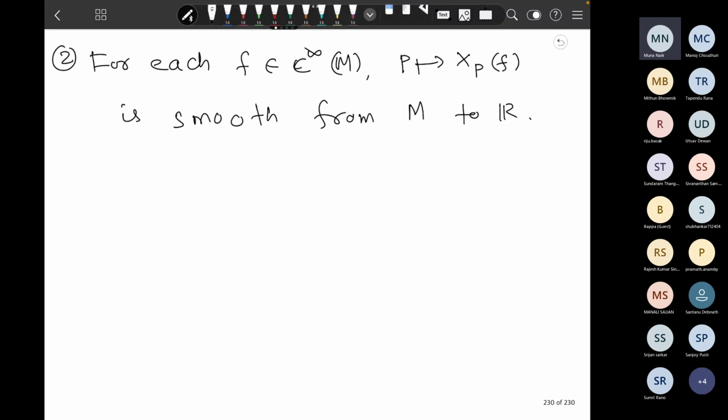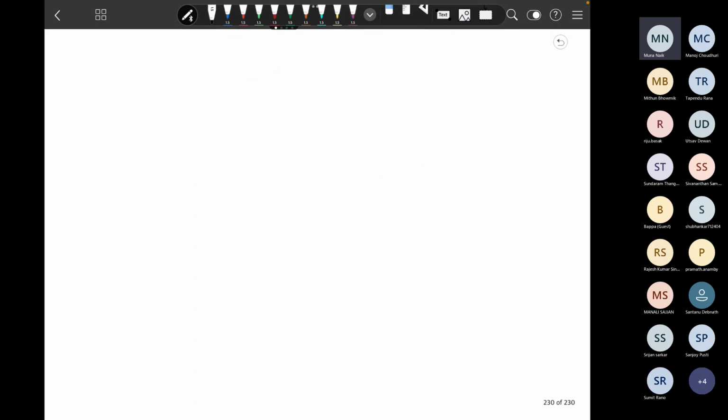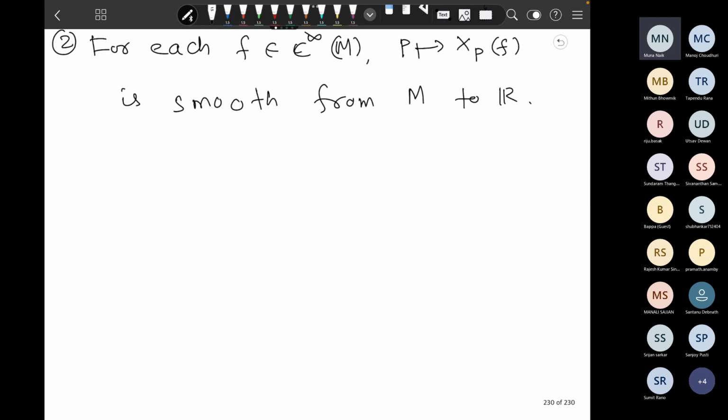And the second thing is saying that for each f belongs to C infinity M, p going to X_p f is a smooth function from M to R. So a vector field is just an assignment p going to X_p, so that X_p is a tangent vector, and the second condition says that this assignment is smooth. There is also a definition involving a coordinate chart, but I am avoiding it. So this is the vector field.